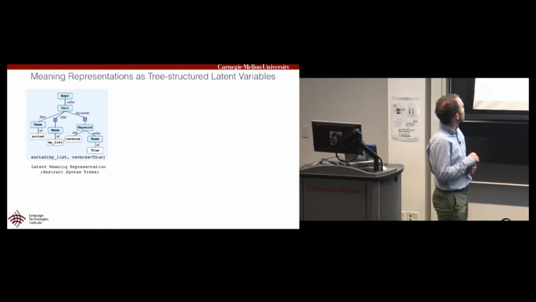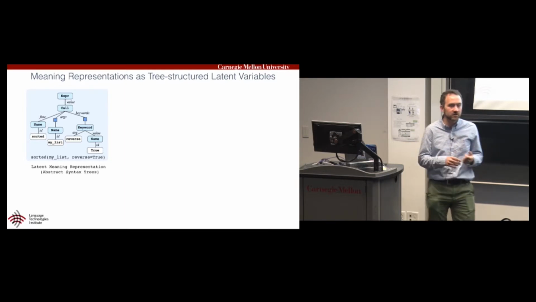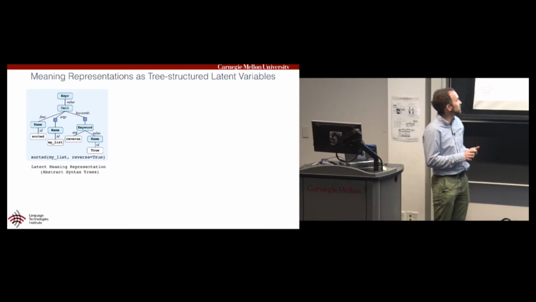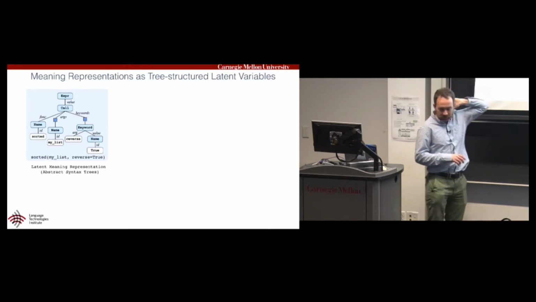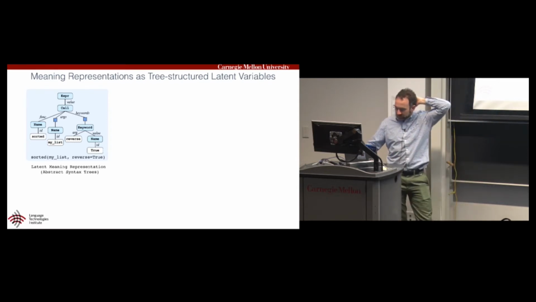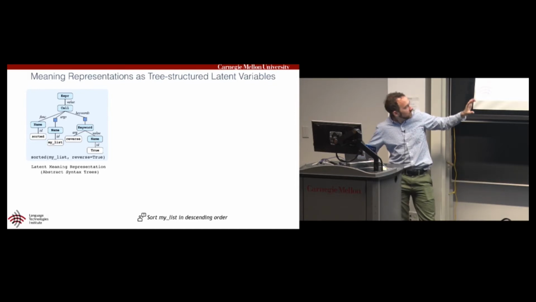The reason why I'm saying structure about code is because all code has structure. There's something called an abstract syntax tree that expresses the structure of the code in a way that a compiler or interpreter can process it appropriately. As our latent meaning representation, we use these tree-structured variables. It's a variational autoencoder, so it's a generative model.